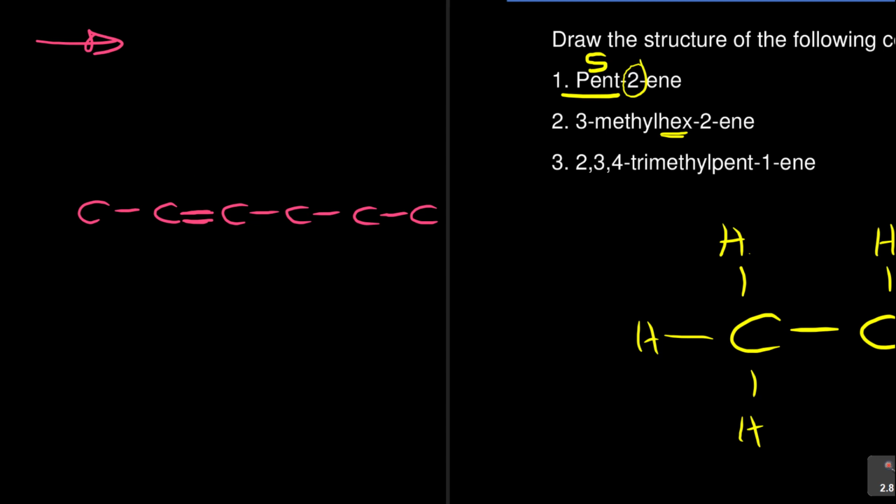So hex-2-ene, you know that that's an alkene. And then in carbon number 3, there is a methyl, CH3. And then what else? Nothing. Then you put your hydrogens, like this.